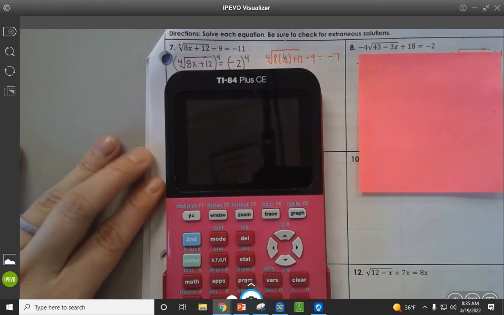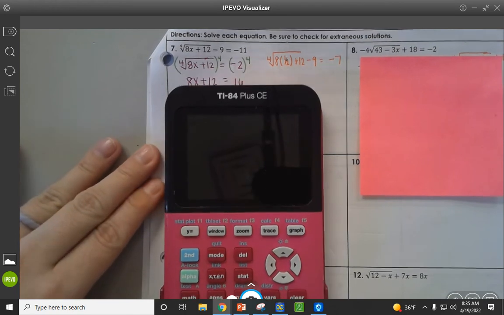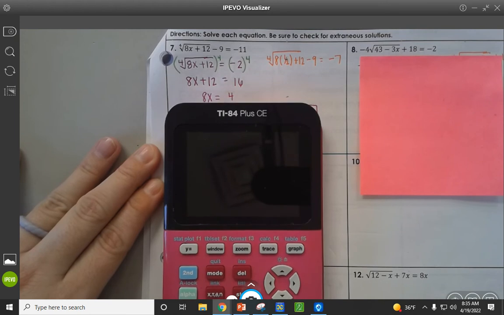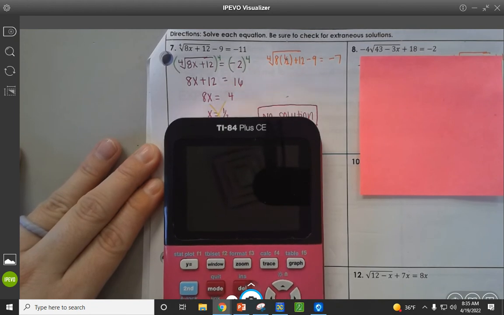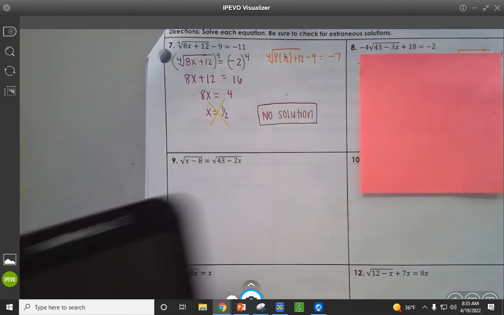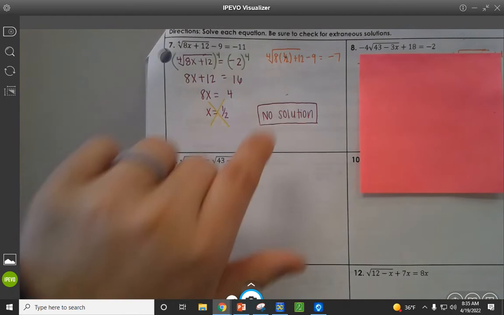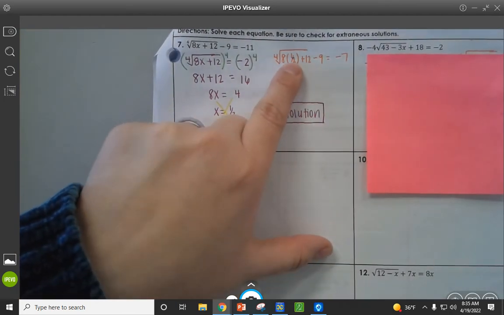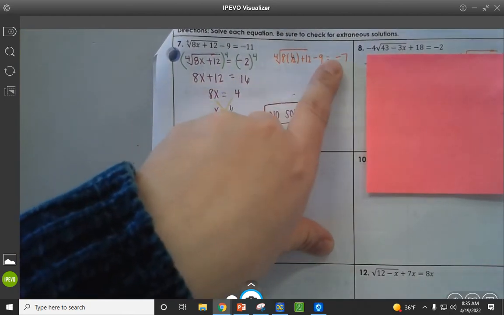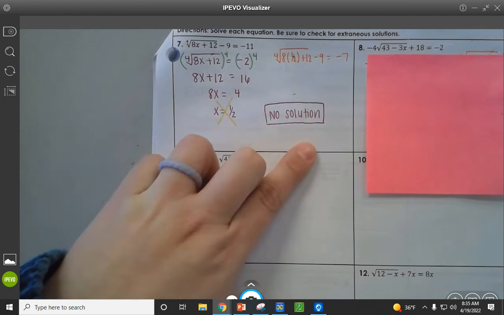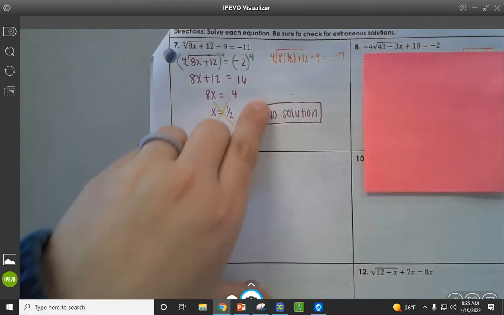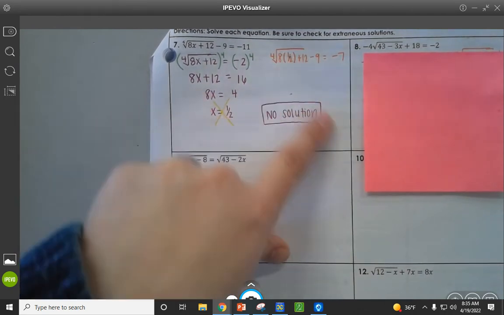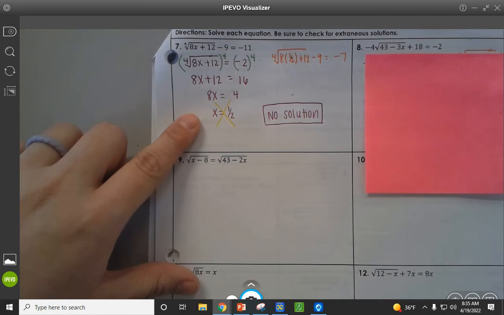So there really is no number that'll work in this problem. And kind of my hint on this probably isn't going to work is I knew when I had the 4th root of something equals -2, your 4th root can never equal a negative. So I knew that this one probably wouldn't work out either.